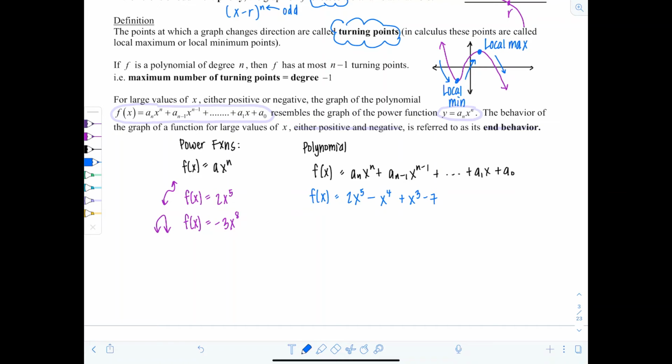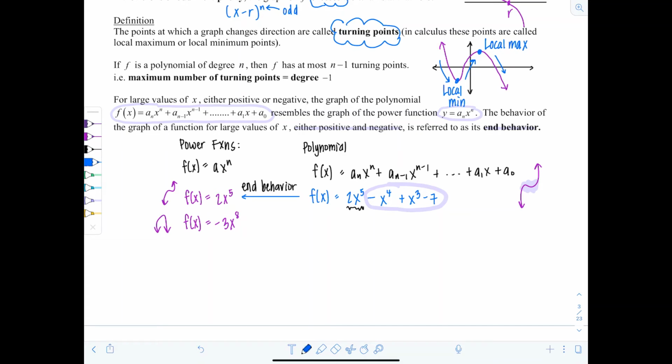If you zoom out far enough, it's going to look the same as 2x to the 5th because the end behavior is going to be the same. So you'd have to zoom out and then it's going to look the same. There may be some craziness or wiggles going on in the middle caused by these terms here. But the end behavior, what it does in the long run when you zoom out, is the same as whatever the highest term does.